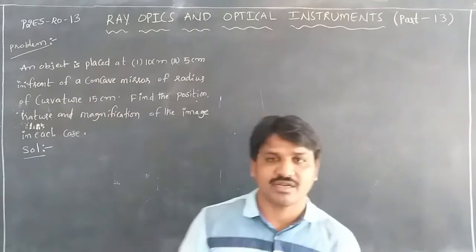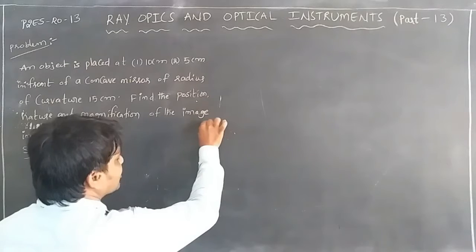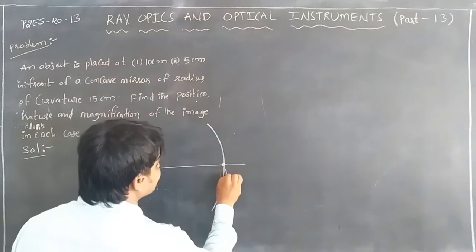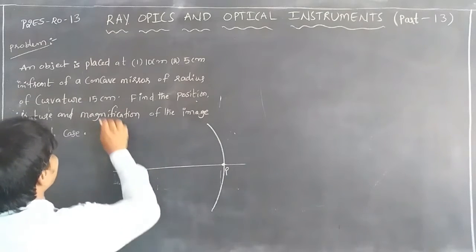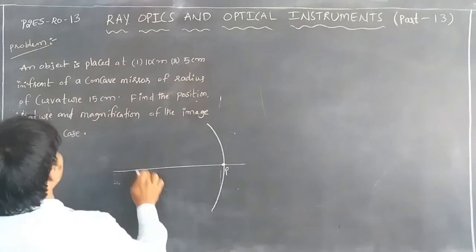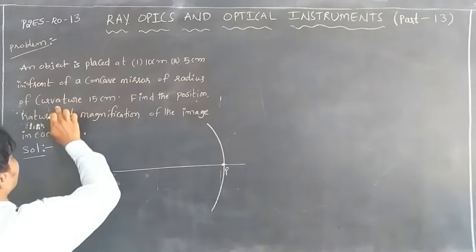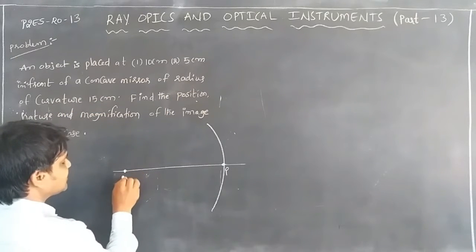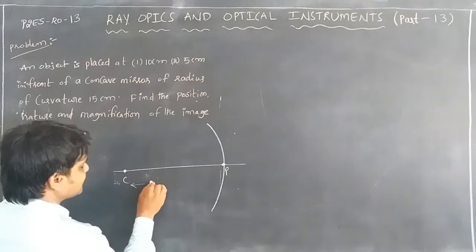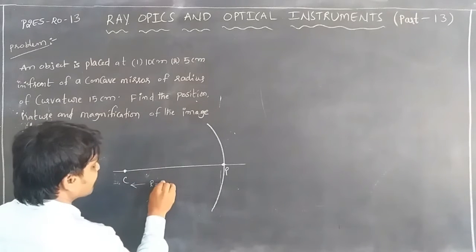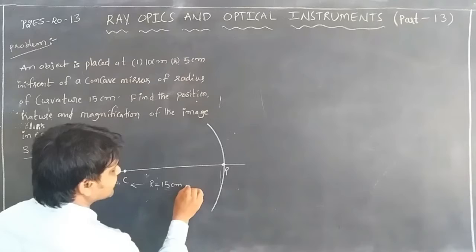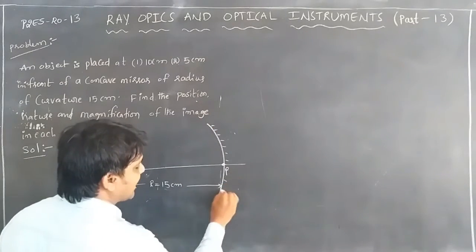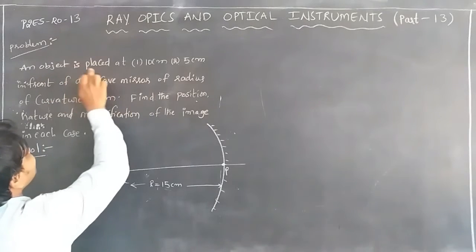For the concave mirror, this is the principal axis and this is the pole, and the object is placed at 10 centimeters, with radius of curvature 15 centimeters. Here is the center, and the radius r is equal to 15 centimeters.